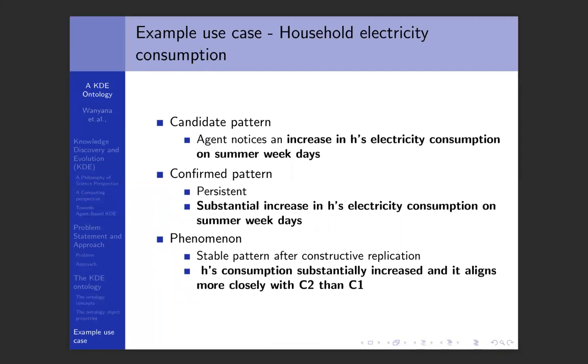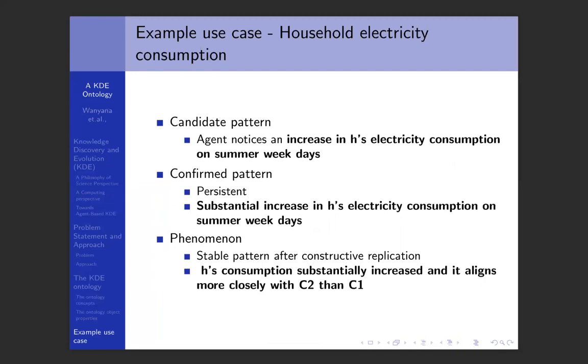Now, the agent notices an increase in its electricity consumption on summer weekdays. And of course, it notices that the consumption load actually aligns more with the households that belong to cluster 2 than those that belong to cluster 1.